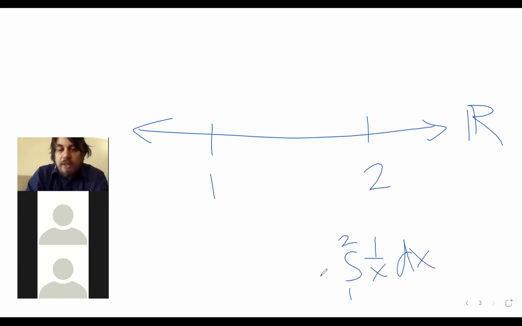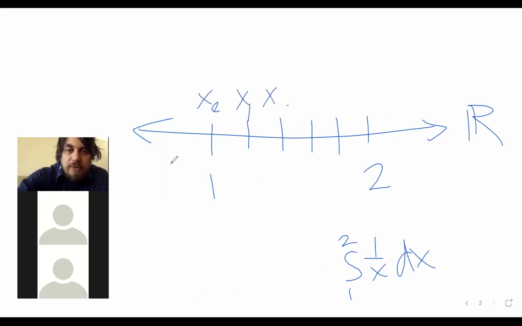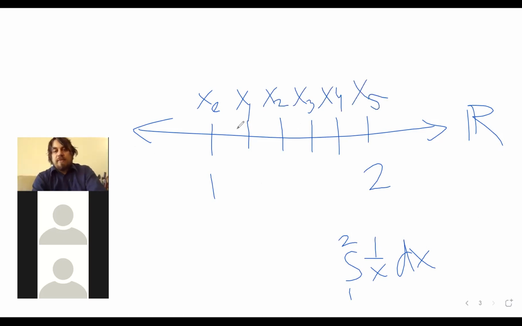With n equals 5, we separate this into 5 equal subintervals, and I want to know the values of these endpoints. x naught is this one, x1 is this one, x2, x3, x4, and x5 are the rest.